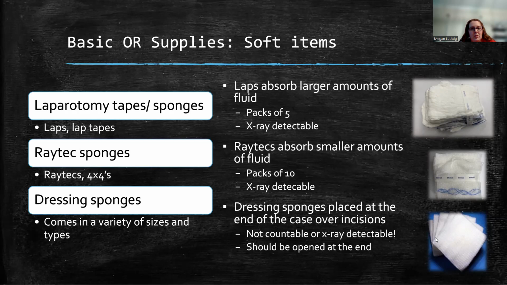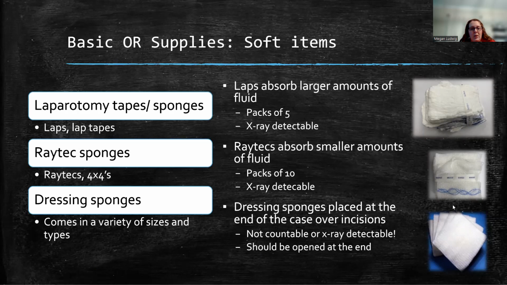So that means you really should not open any dressing until the very end of your case, because they're not countable and they cannot be found easily on an X-ray if you accidentally grab one of these when you meant to grab one of those, Ratex or laps. So it's best not to even have them on your field until your final skin incision is closed and you're actually ready to put that dressing on, because you can get in a lot of trouble by accidentally losing one of those.